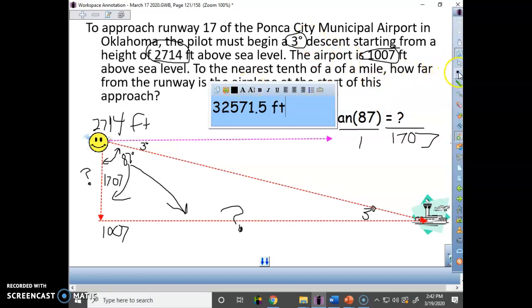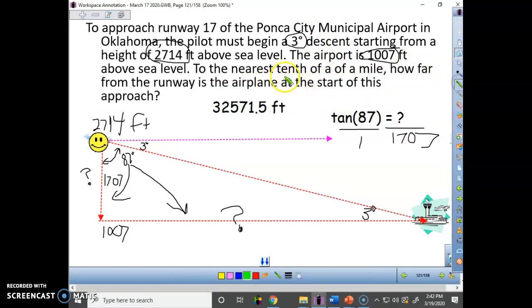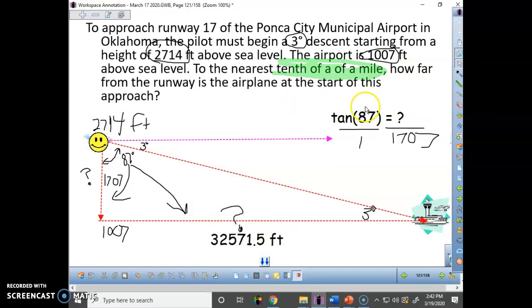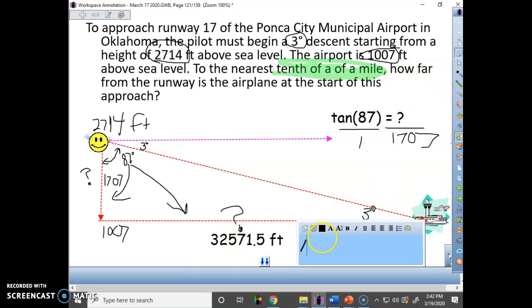Let's check. Is that the answer we want? What do we need for an answer? To the nearest tenth of a mile. So we are not in good shape. We need to change this from feet to miles. Well, we're going to divide by 5,280 feet per mile.